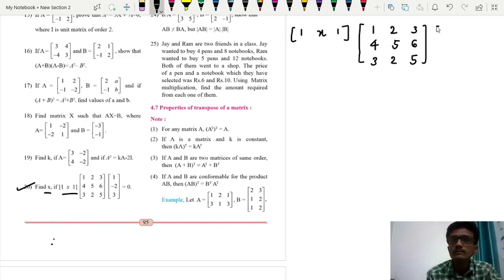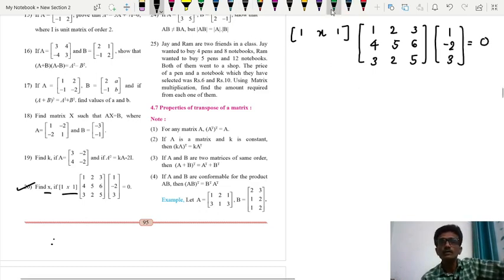Here multiplied with 1 minus 2 3 is equal to 0. Now first of all ये दो मैट्रिक्स को हम मल्टीप्लाई करेंगे.